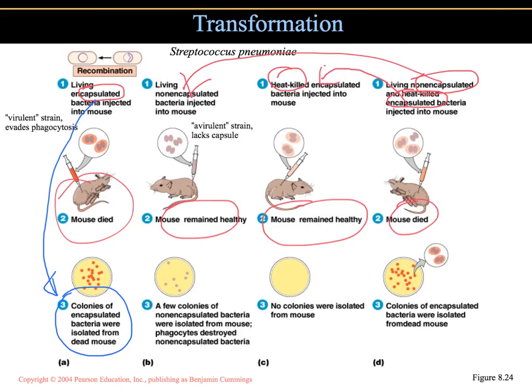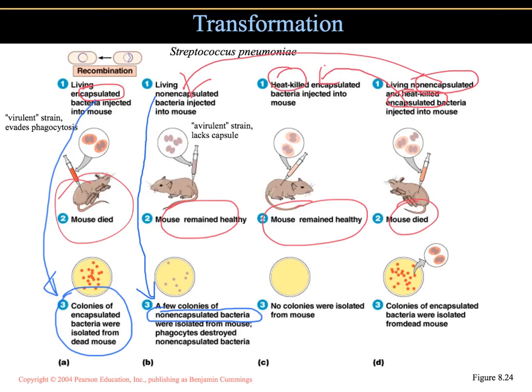Next, in the second situation, he took the colonies out of the healthy mouse and found some non-encapsulated bacteria. Well, this makes sense too because the non-encapsulated bacteria were avirulent. So we should have the mouse remain healthy, and we should be able to retrieve from the mouse some non-encapsulated bacteria.